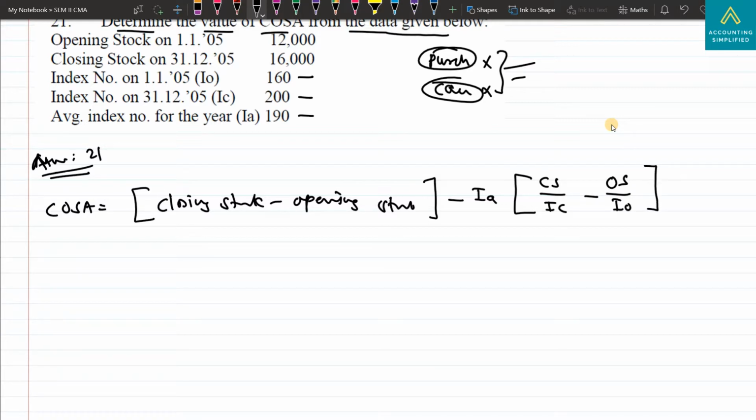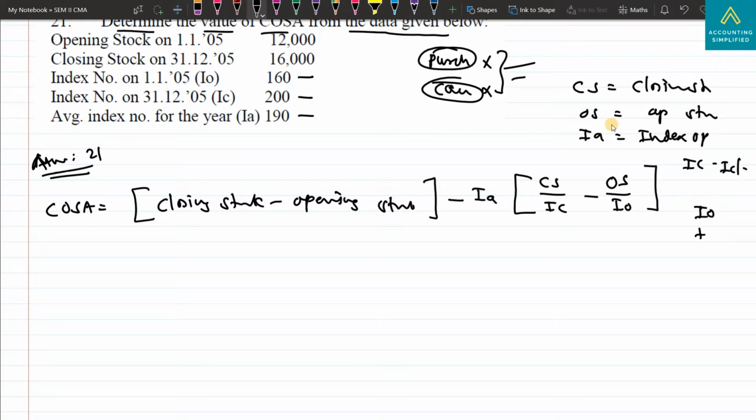I hope you understood. CS means closing stock, OS means opening stock, IA means index average, IC index closing, IO index opening. So we need to learn this formula.